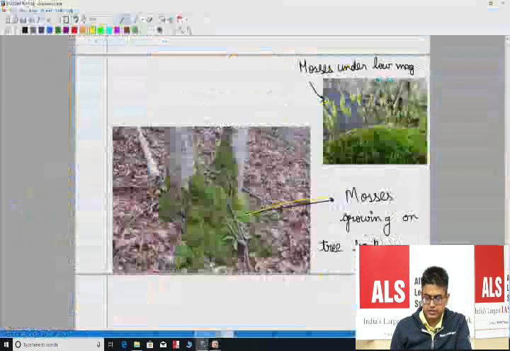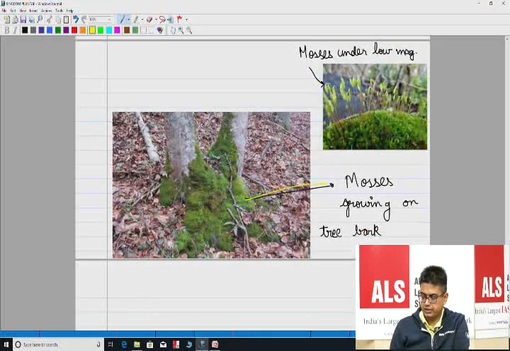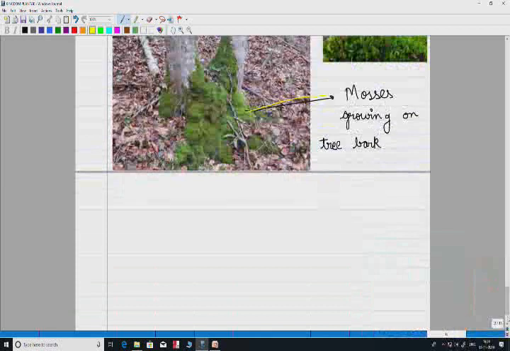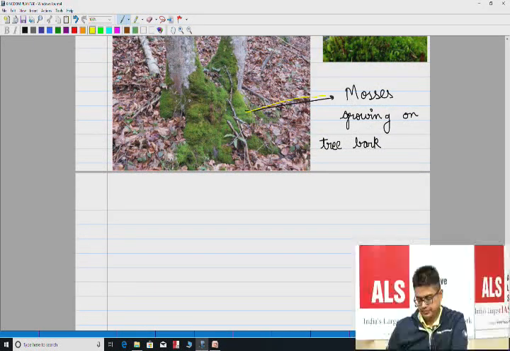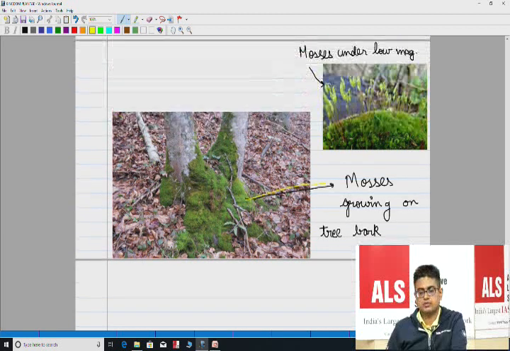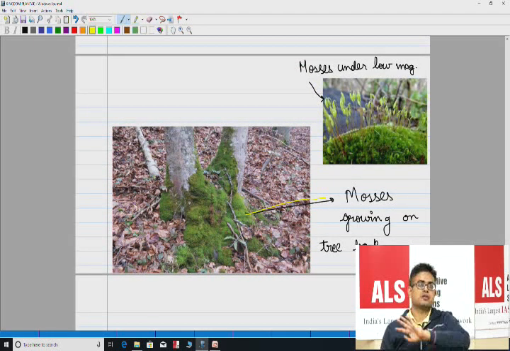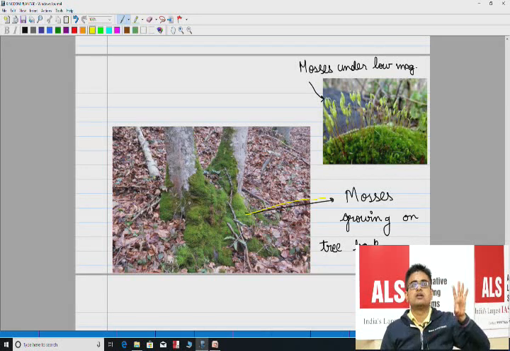A lot of things need to be done, so please write the general characters first. What are bryophytes? Everybody has seen these moss-like structures. They are present on trees and on stones in moist areas. Say yes, I'm sure everybody must have seen this.